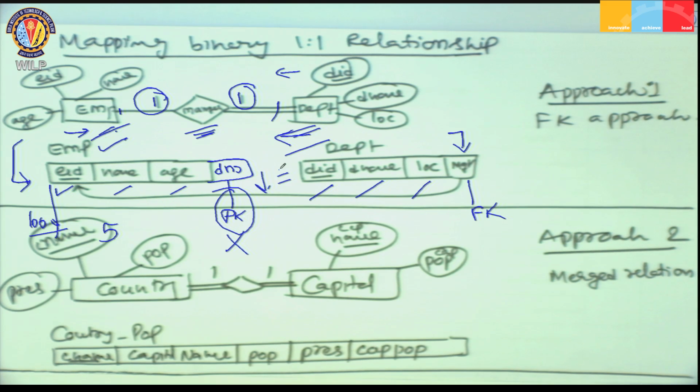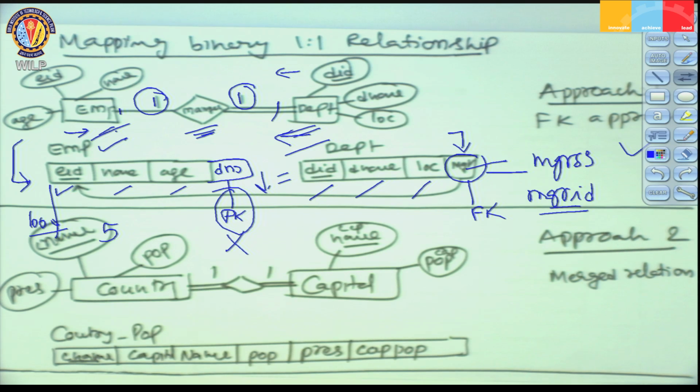That's why every department will have one manager and maximum one manager, and it must have a manager. So I include an attribute which is a foreign key and refers to the primary key of the employee table, and I can give it some name. I am calling it MGR SSN or MGR ID, which is an attribute name and a foreign key that points to the employee table or relation. This is the first approach, which is called the foreign key approach.